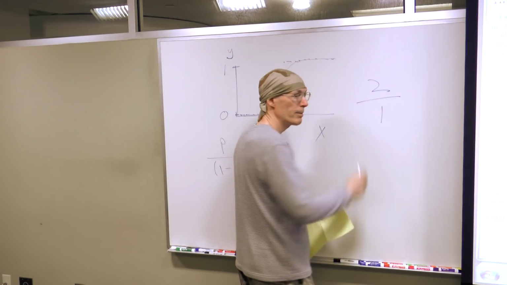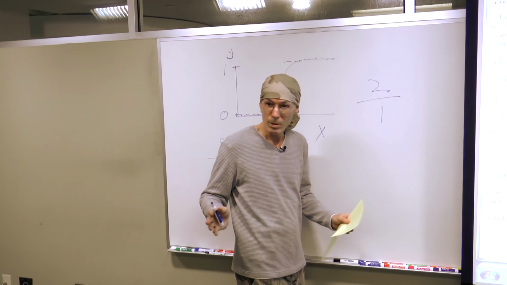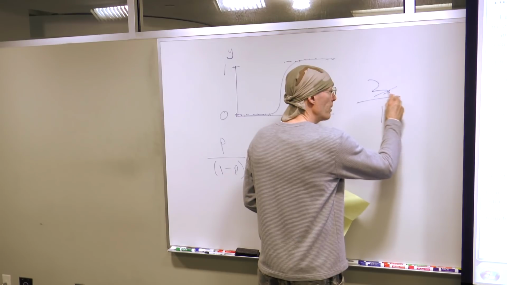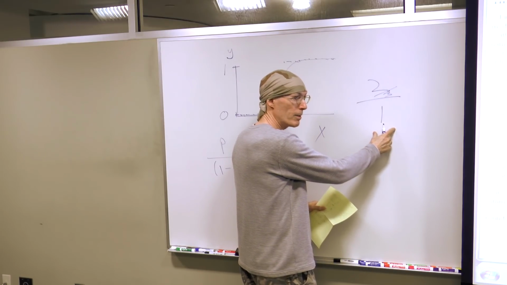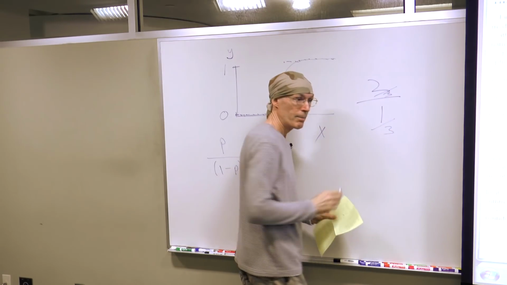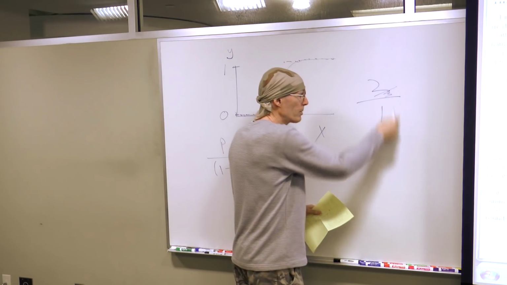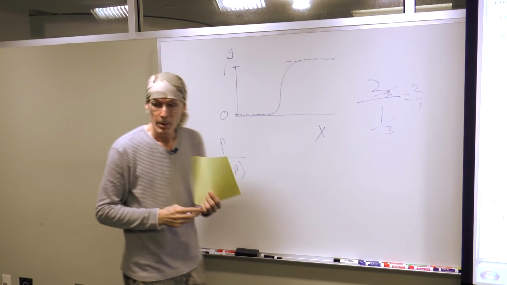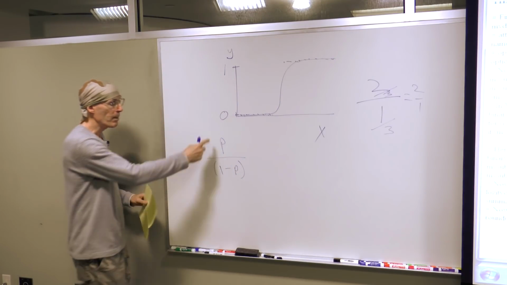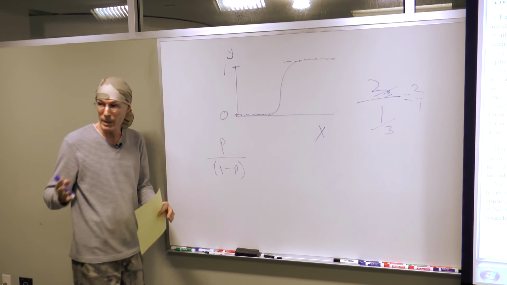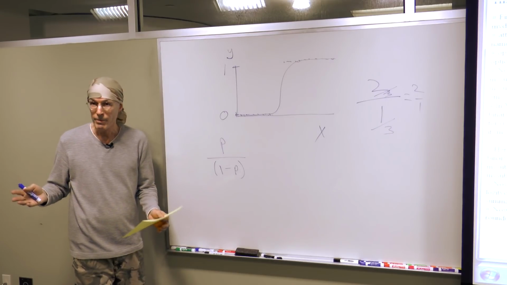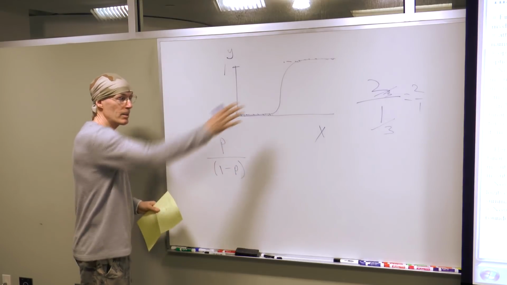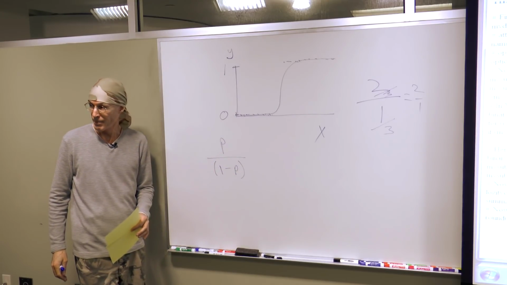The probability of success would have been divided by the total number of times he went, so this would have been divided by 3. And the probability of failure, you would have divided that by 3 as well. The thirds cancel and you just get 2 over 1. Okay? So this is the same thing. If the probability of success is p, the probability of failure is 1 minus p. And that's exactly the same as the odds ratio that we just had.